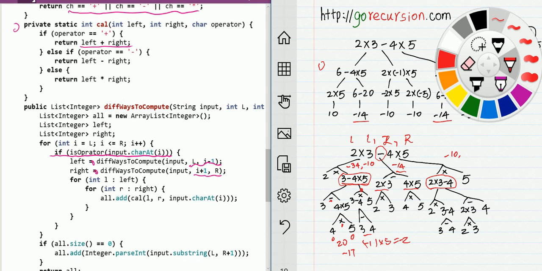So this node will get two values, 2 times these two values. That's the answer here. So when those two recursive calls return, we need a for loop, then add the result into the final result.